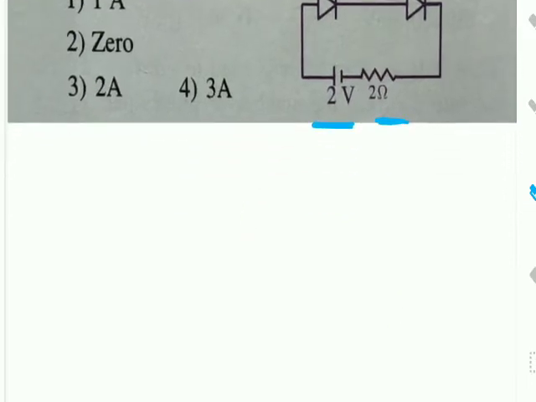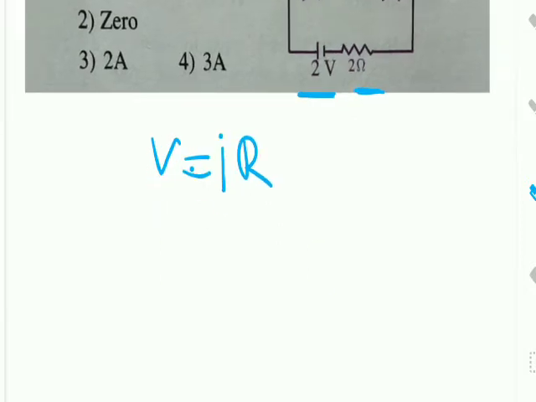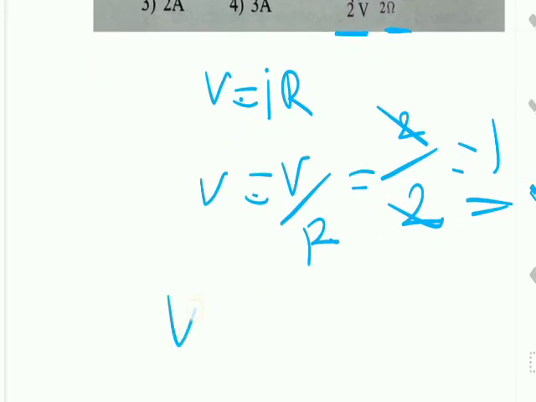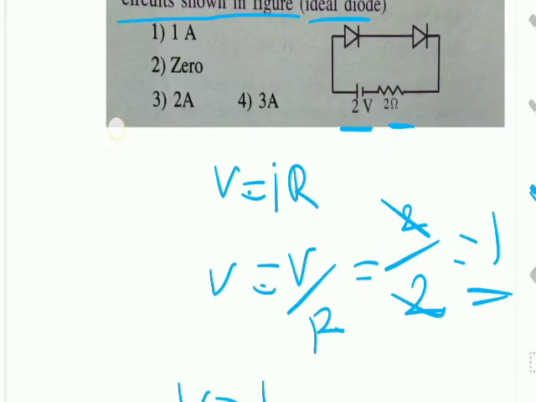So from the relation between potential, resistance and current, V is equal to I into R, so I is equal to V by R. V means 2, R is equal to 2, so the current is 1.